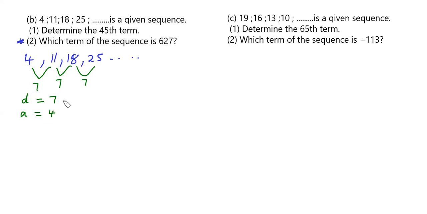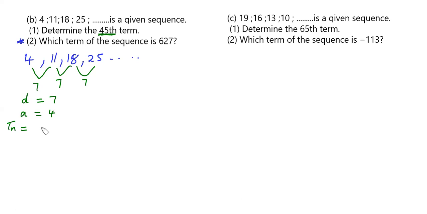What is our general term here? Even if they didn't ask you to calculate the general rule, that's a prerequisite. You need to have a general term, a general rule first, so that you can get the term that you want, the 45th term.